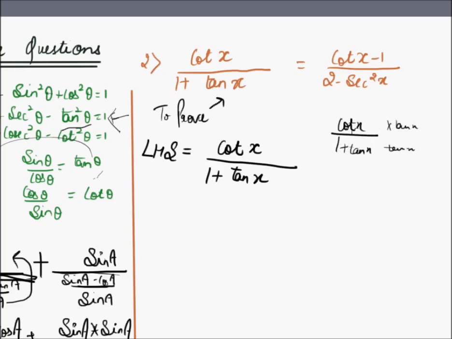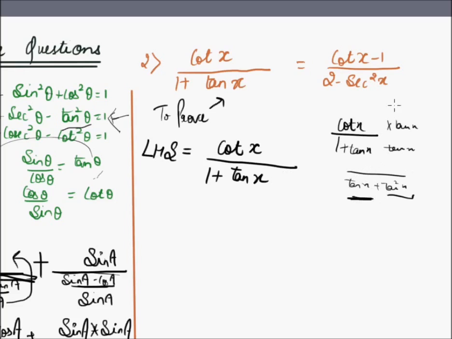It will give us cotangent into tangent, and in the denominator tangent x plus tangent square x. No doubt we have achieved tangent square x, but we have also gained tangent x, the unnecessary term, because here we have to get rid of this tangent x and we have brought an additional tangent x over here.